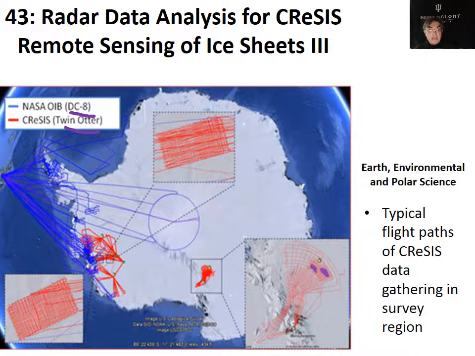We work with NASA, who also use the DC-8. Each time these aircraft are fitted with radar, which is downward facing to observe the ice sheet. And here we're just seeing the paths, so you can then plan what other paths you should take to be able to really understand what's going on.